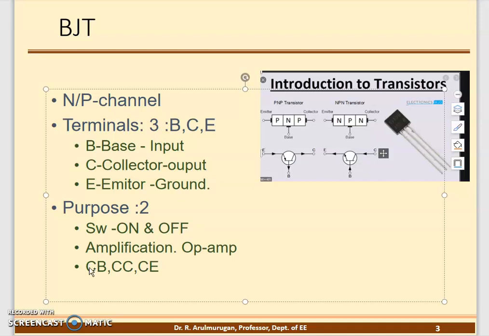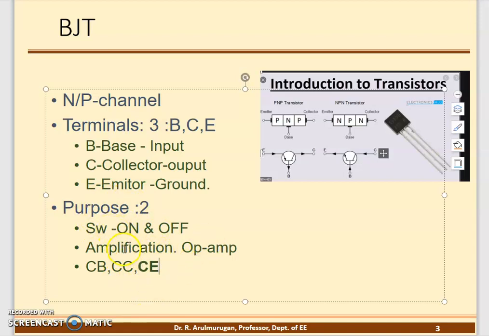These are the configurations. This is a small introduction to the electronic device, which you should have studied in the basics of electrical engineering. Particularly, common emitter is good for amplification. Common emitter is effective for amplification.